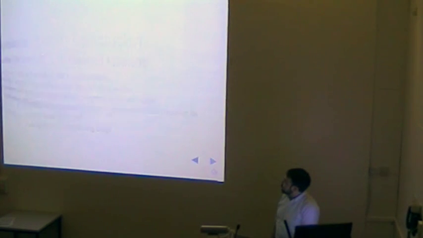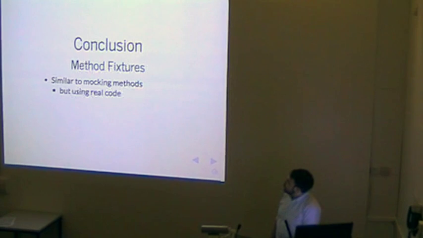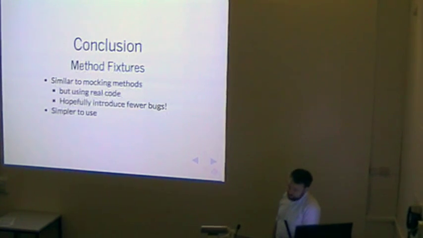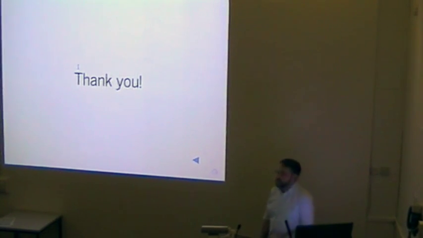And as always, danger in introducing bugs. Method fixtures, it's similar to mocking methods, but using real code, hopefully introduce fewer bugs and possibly simple to use. And that's it, and that's 20 minutes.